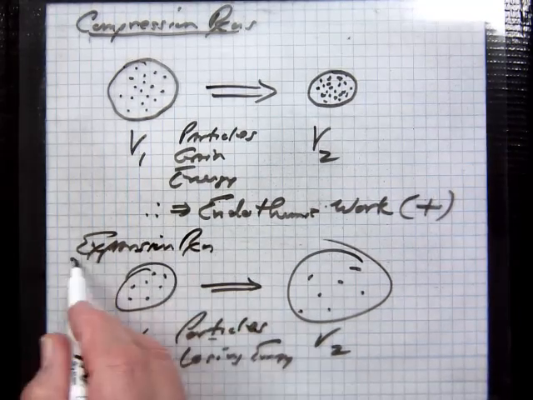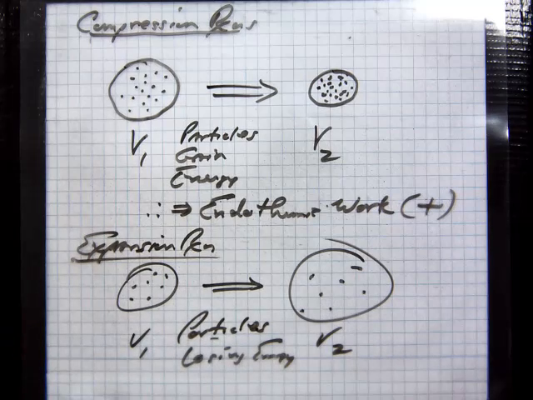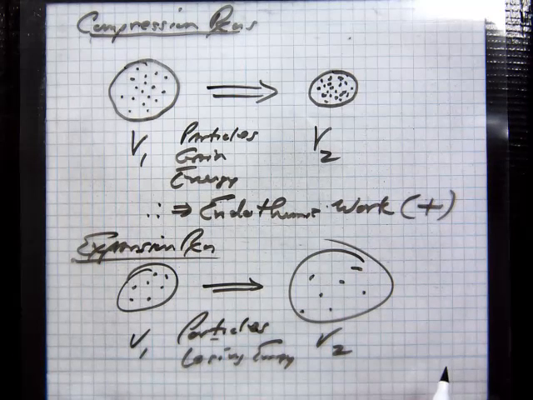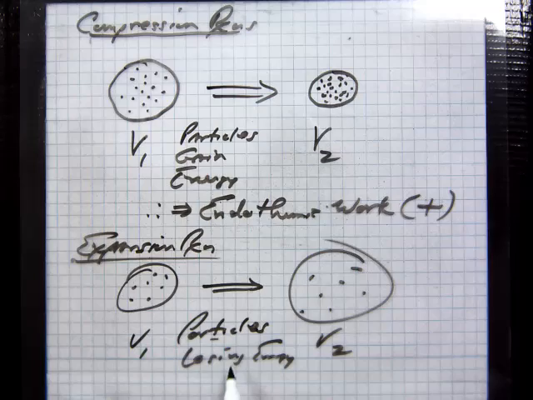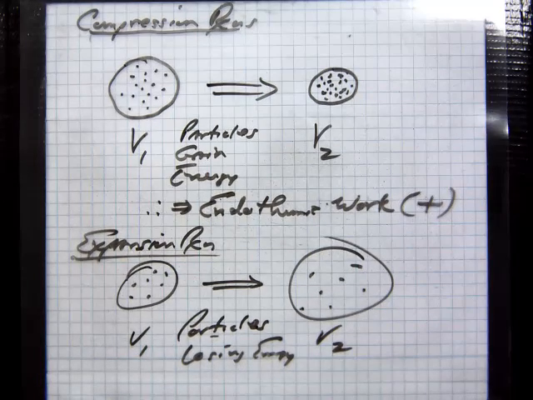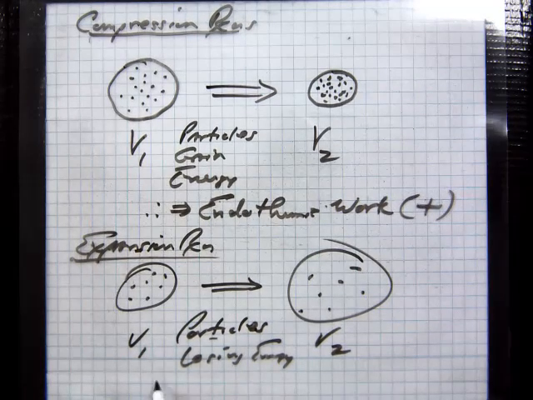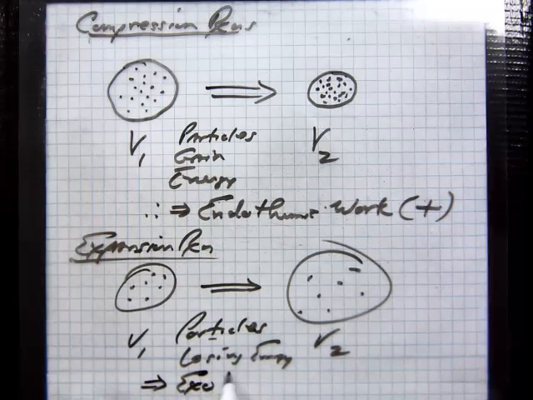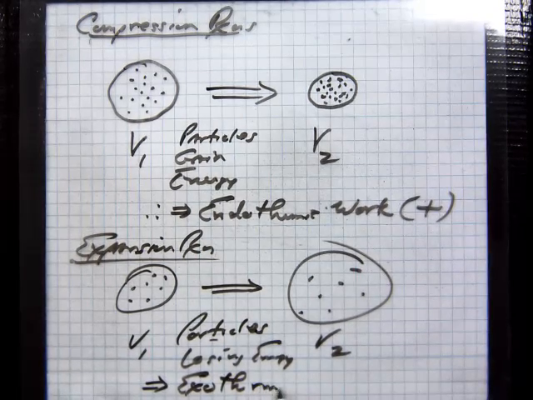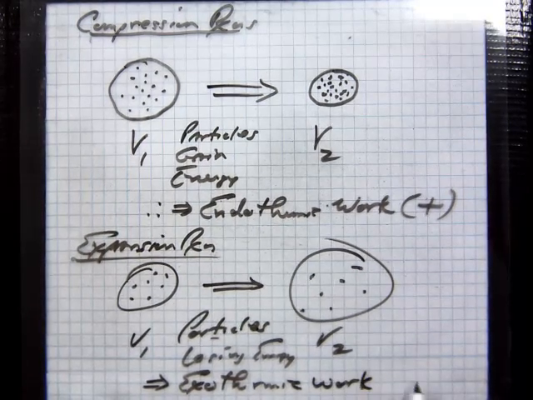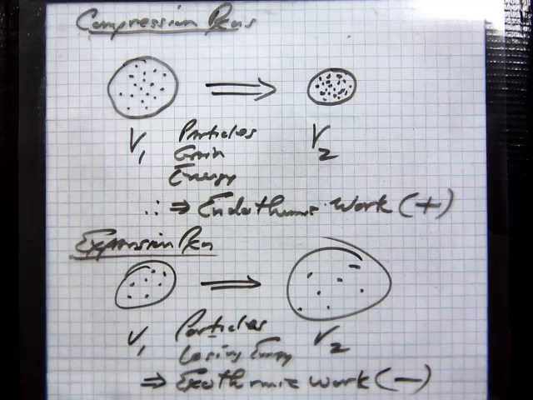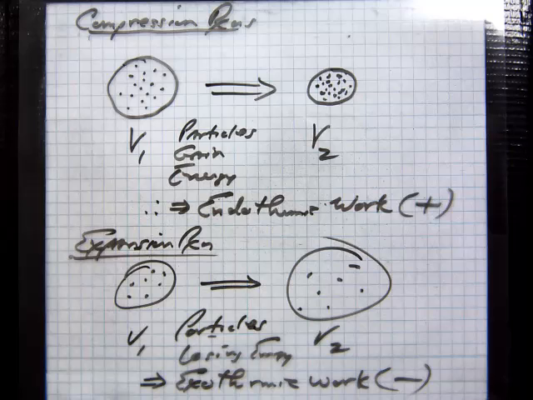A reaction which gives you more particles in gas phase than you started with. The particles spread apart, lose energy, and so this is exothermic work. And you assign a negative sign when you do the 2.5 delta V, and then you put your sign in. But the differential, increasing or decreasing, just tells you if it's compressing or expanding.